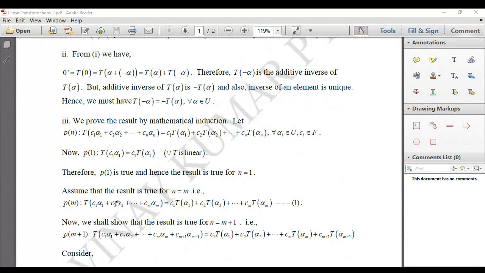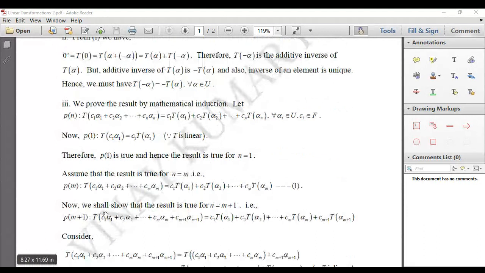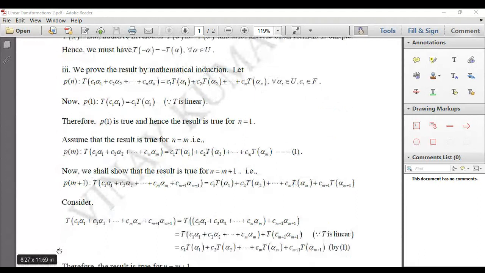So let us consider the left-hand side, and let us obtain the right-hand side. What is your left-hand side? The left-hand side is T of C1 alpha 1 plus C2 alpha 2, etc. up to Cm alpha m plus Cm plus 1 alpha m plus 1.